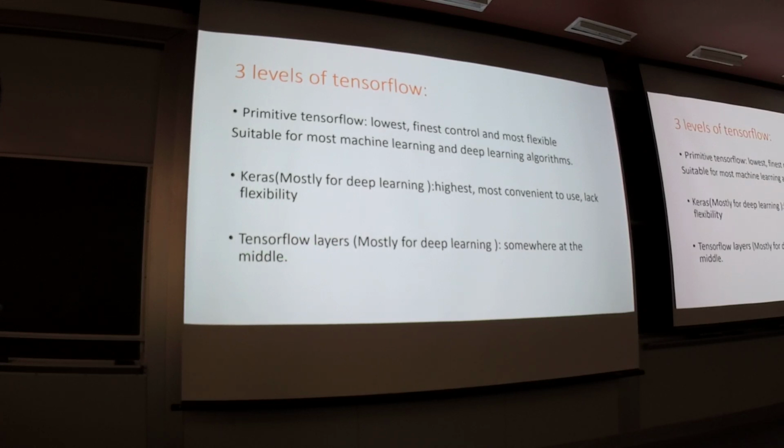Every new machine learning paper will contribute their algorithm to the TensorFlow layer. So if you find some paper that proposes a fancy idea, and you would like to try the idea, maybe you can look here.